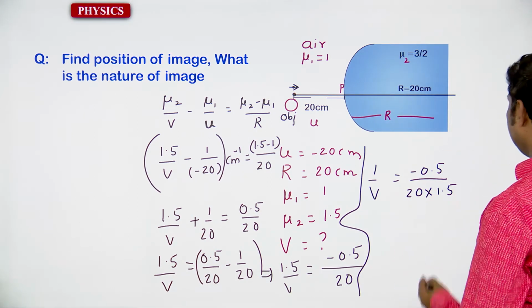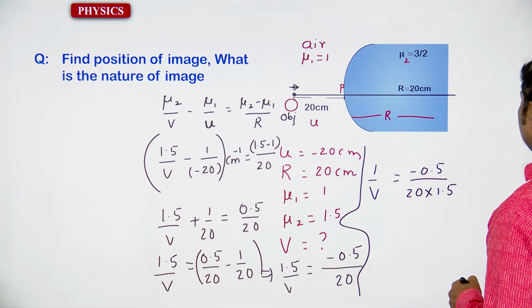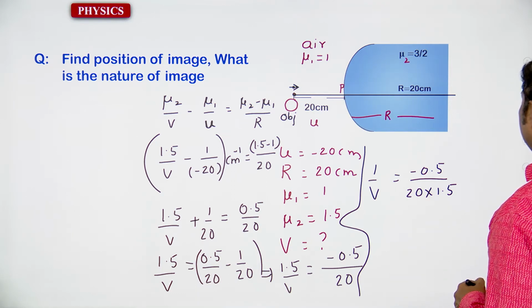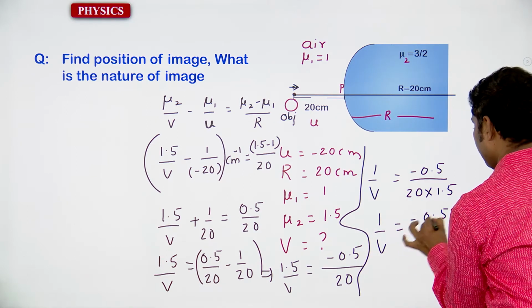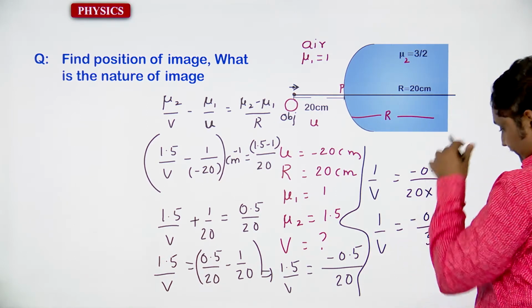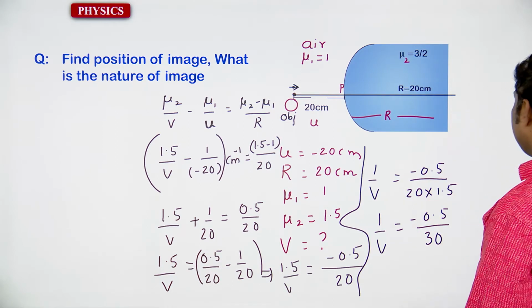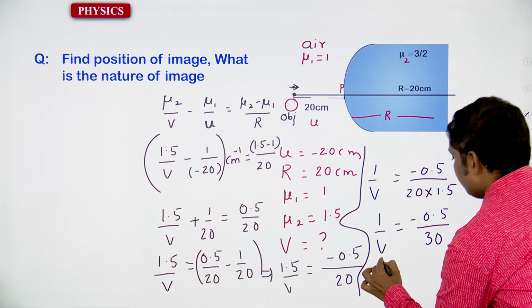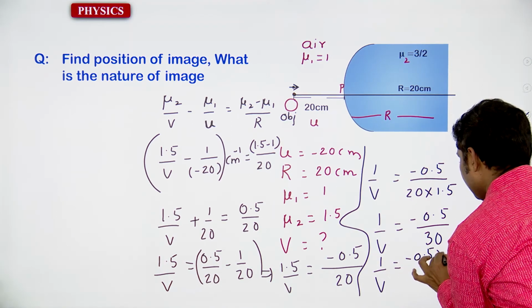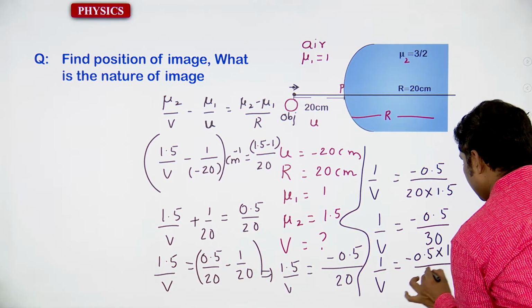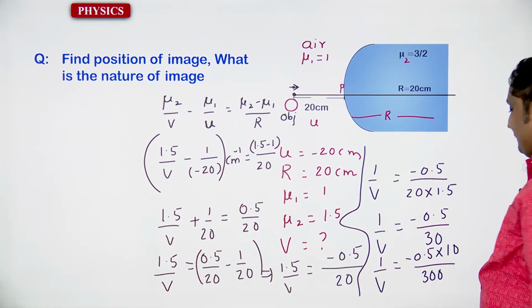It is going to be 3 by 2, 30. So 1 by V is equal to minus 0.5 by 30, so 1 by V is equal to minus 0.5 into 10 by 300.